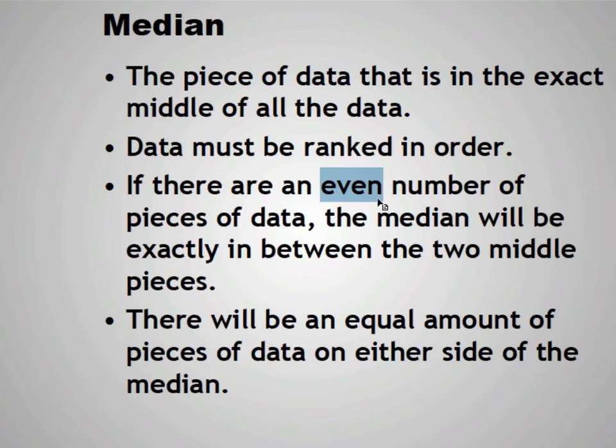In this case, it may not be an actual piece of data, but it's going to be the mean of the two middle pieces. There will be an equal amount of pieces of data on either side of the median. So notice it's another measure of central tendency. It's going to be in the center because it has half the data on one side and half the data on the other side.